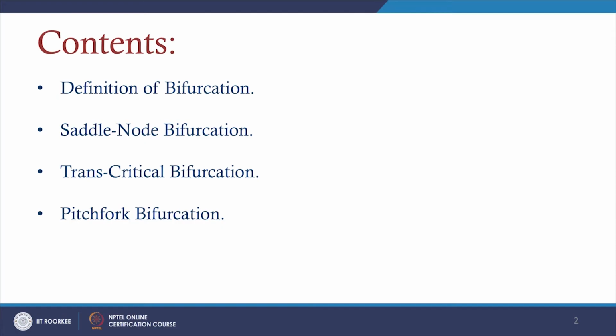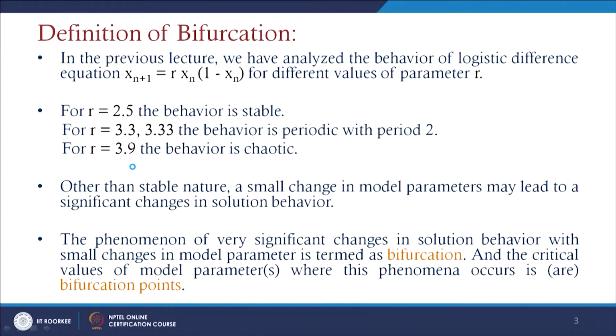So, what do we mean by bifurcation here? In the last lecture, we analyzed a logistic difference equation in a two parametric form or a single parametric form. First, we reduced the two parametric values into a single parametric value, and once the logistic difference equation was reduced into a single parametric form, it was written as r x_n (1 - x_n) = x_{n+1} for different values of r.